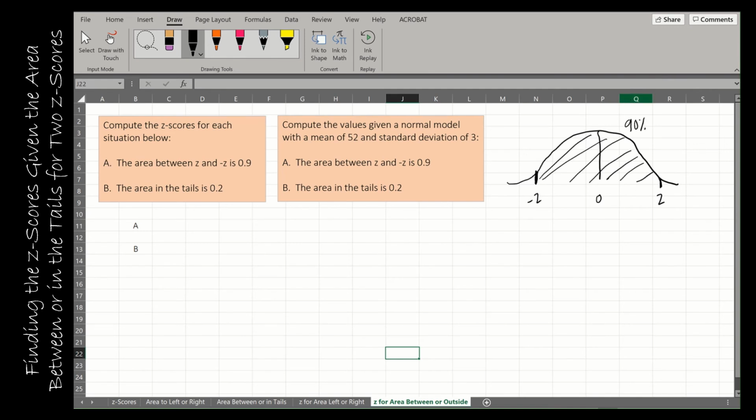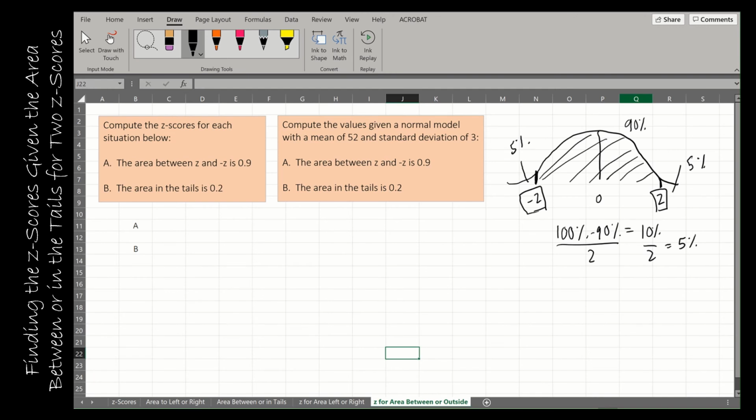The first thing we need to understand is these two values are the same, one positive, one negative. The other thing is if I take 100% and subtract the 90%, that gives me 10%. If I divide that by 2, I get 5%, so there's 5% here and 5% here. Again, 5 plus 90 plus 5 is 100, so it all adds up to 100.